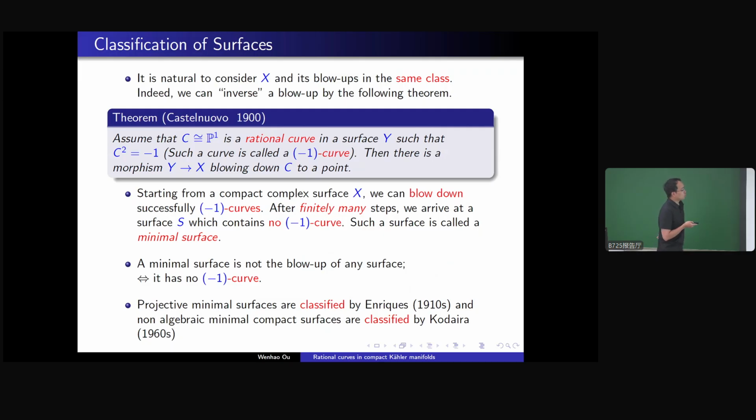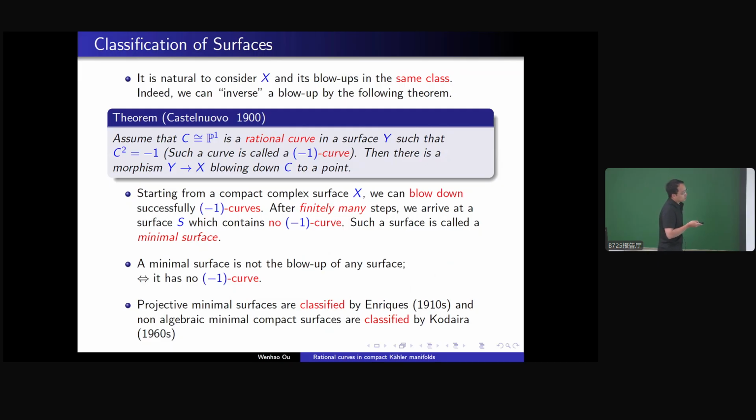For topological reasons, for example, we can look at the second Betti number or the second cohomology group. You'll see that after finitely many steps, we will arrive at a surface S which contains no such -1 curve. In other words, by this theorem, S is not the blow up of another surface.